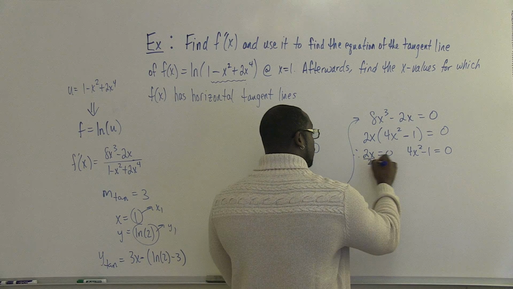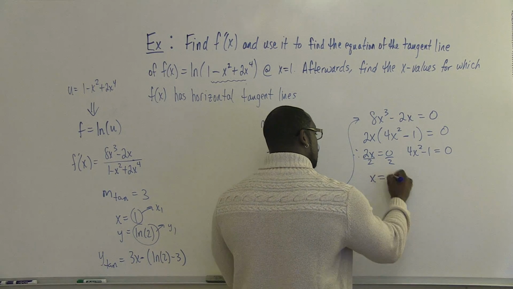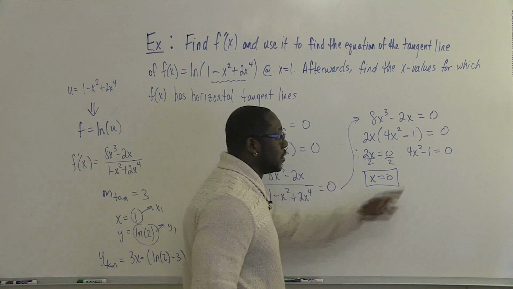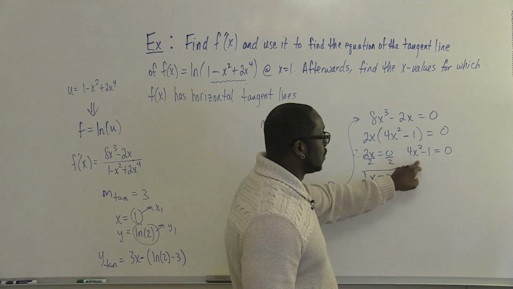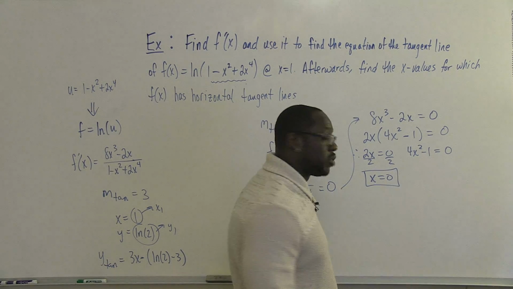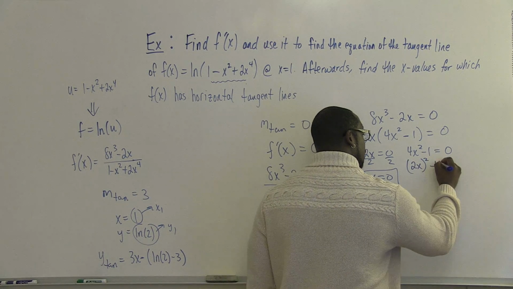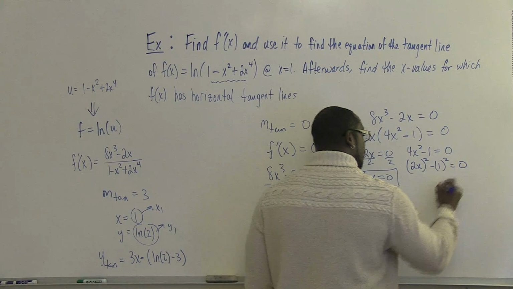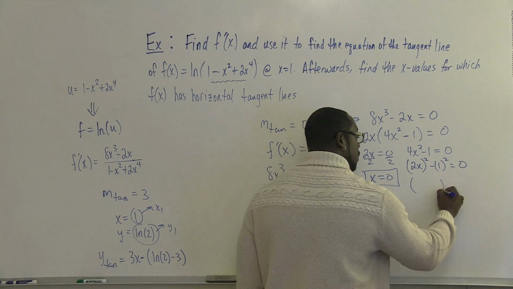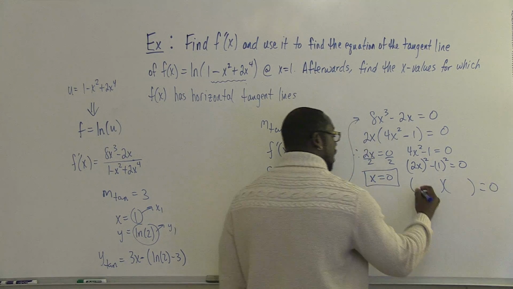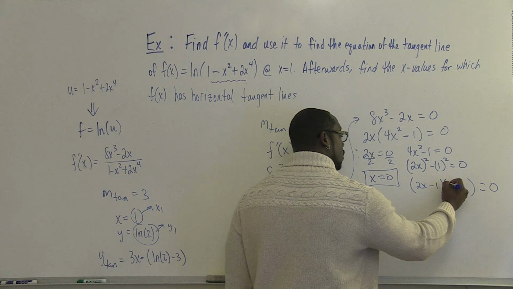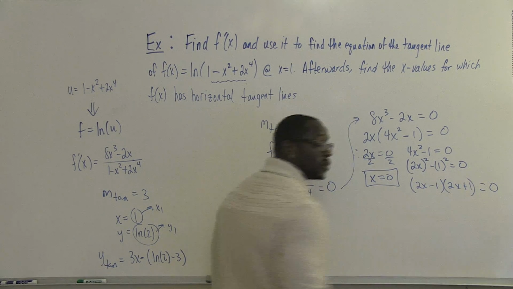Of course, here we divide both sides by 2 and get x equals 0. And here, this is the difference in two perfect squares. So this could be written like this, which means that we can further factor this out to 2x minus 1 times 2x plus 1.